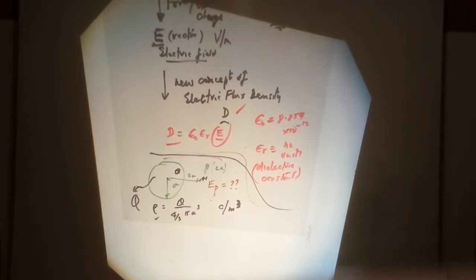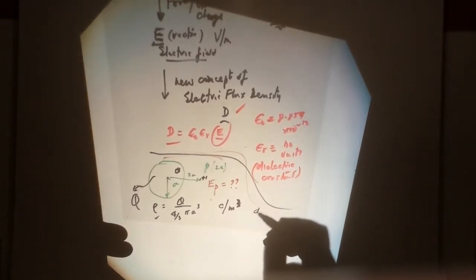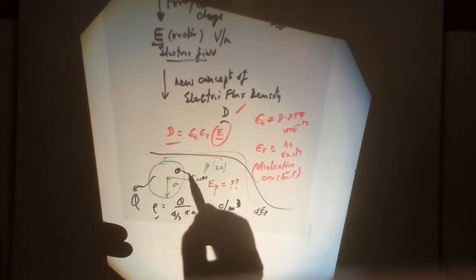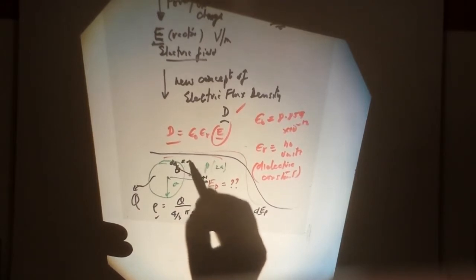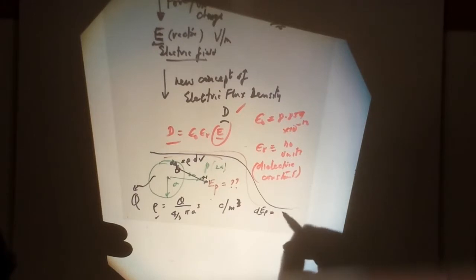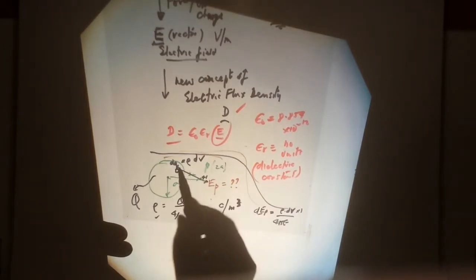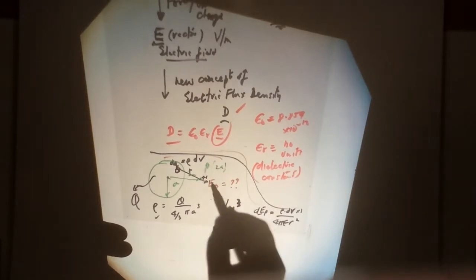So you write the first expression, delta V. The first expression for dEP, the vector at P. The small element here is pointing this way. This is dQ, which is rho dV, times 1 over 4 pi epsilon r squared, where r is directed here.